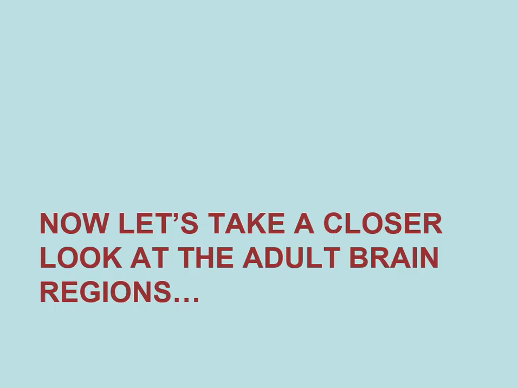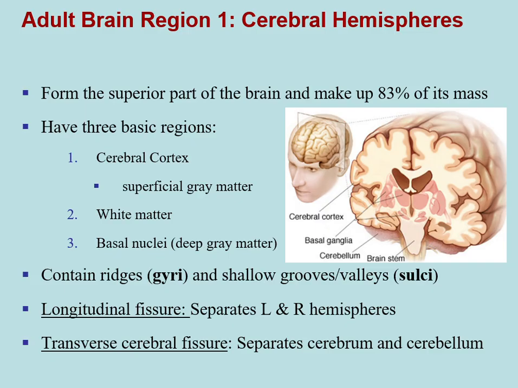But if we were to take a closer look at the brain, besides just its orientation of tissue and the location of ventricles, we could look at things like the parts of the cerebral hemispheres, because you actually have 3 basic regions for the cerebrum. Now it makes up about 83% of the brain. It's that large structure that has those convolutions.